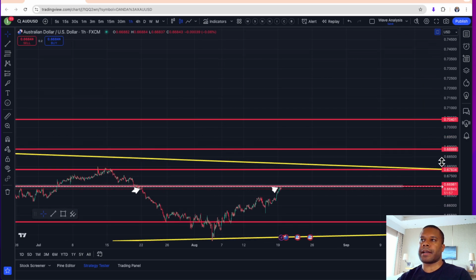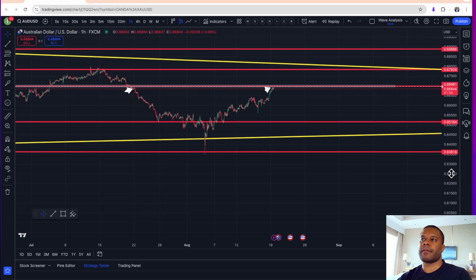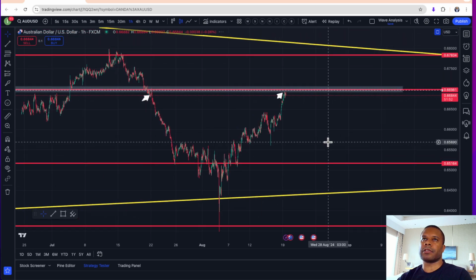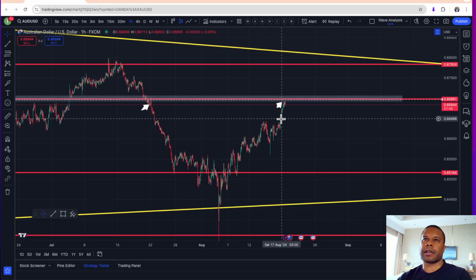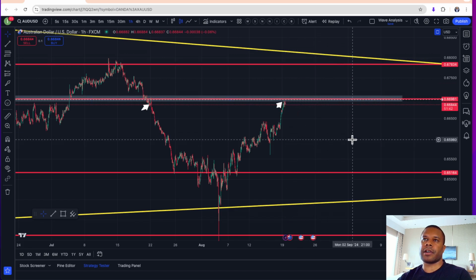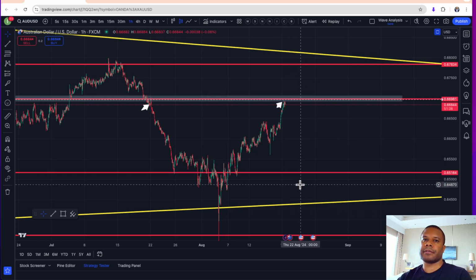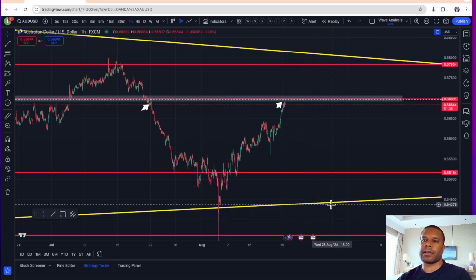And so if I come back into the hourly, I can kind of really see what's happening. So it's very possible that this market could come up, break this, retest, come up, hit this trend, come back down. Or I could hit this trend line, come down, maybe retest this trend line before coming back up.